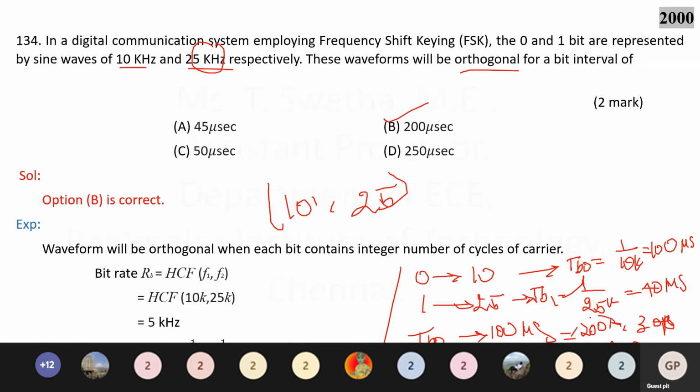As you can see, 200 is common, so you take that. This is another method to solve it.